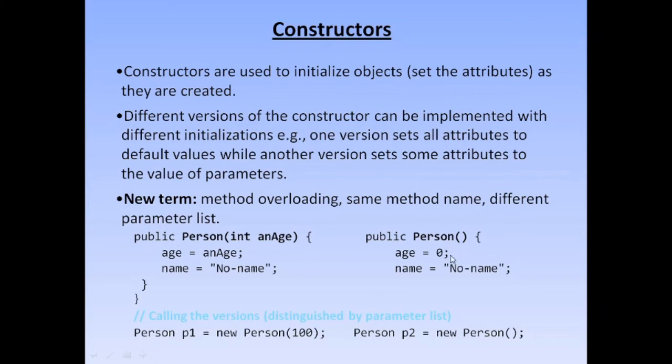So when it does not have any argument, it is assumed that age will be 0 and name will be no name. And if it has some value, like a passed age variable, then the age attribute will be set to the passed value.